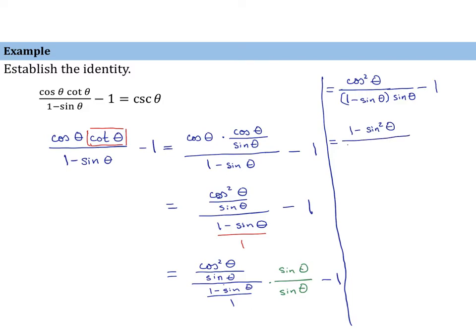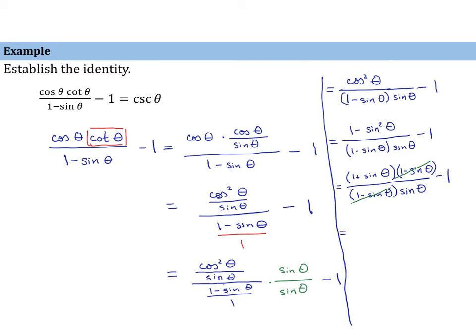So as of right now, I can't cancel. But that numerator is now a difference of squares. 1 plus sine of theta, 1 minus sine of theta, all over now 1 minus sine of theta minus 1. And 1 minus sine of theta can cancel.